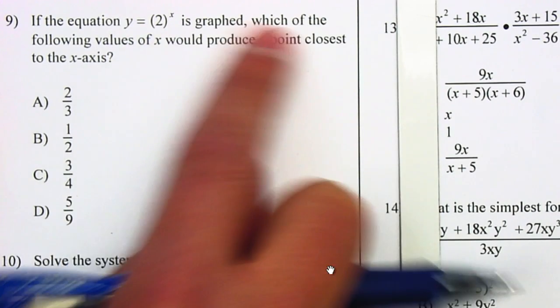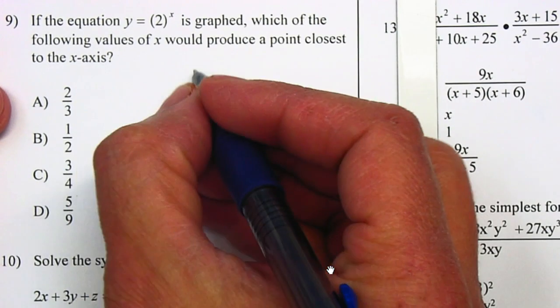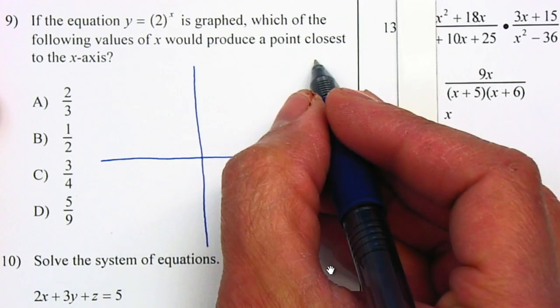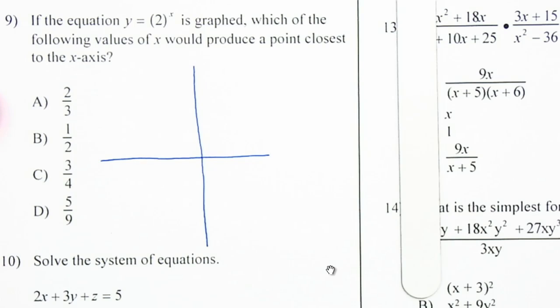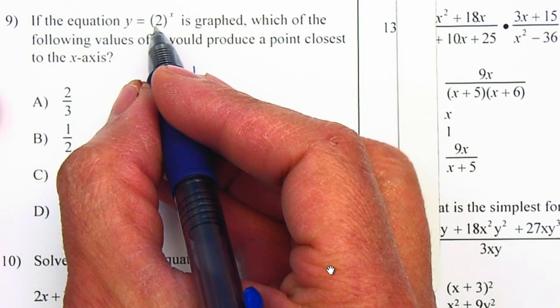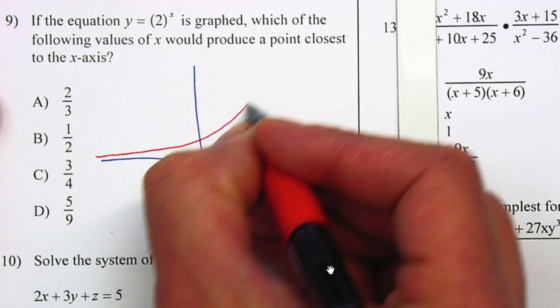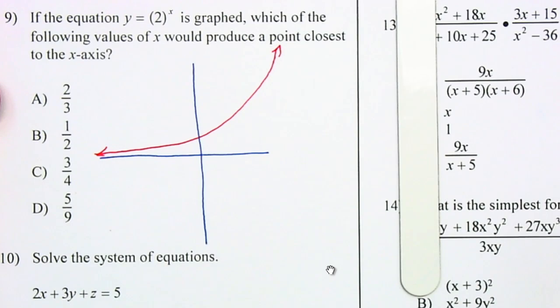So if this is graphed, which of the following values of x will produce a point close to the x-axis? You want to be able to make a sketch. If you're not able to make a sketch, you can also plug in points, let x equal to 0, let x equal to 1, let x equal to 2. But if you already know that this is an exponential growth, your graph will look something like this. If not, just make a quick table, just like we've done before on your homeworks.